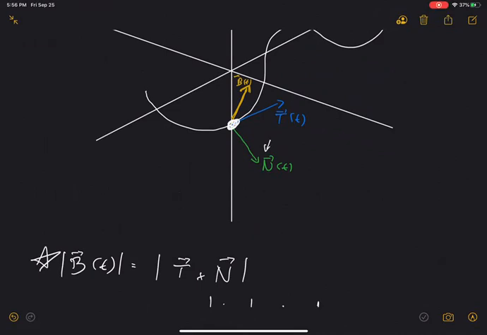I could consider that as the normal vector for a plane. That vector is perpendicular, or orthogonal, to a plane that would be butted right up against my curve r of t. We call that plane the normal plane.